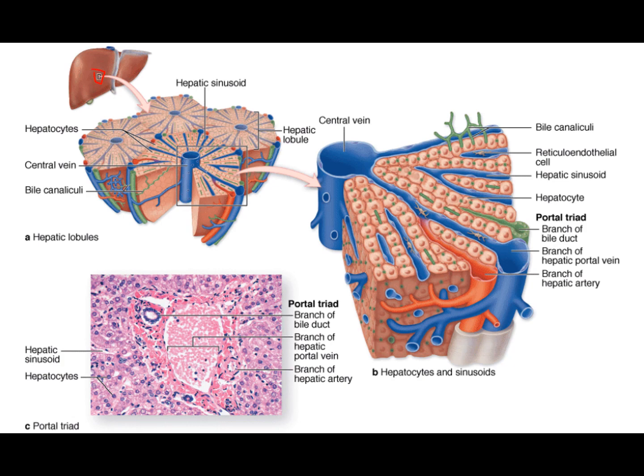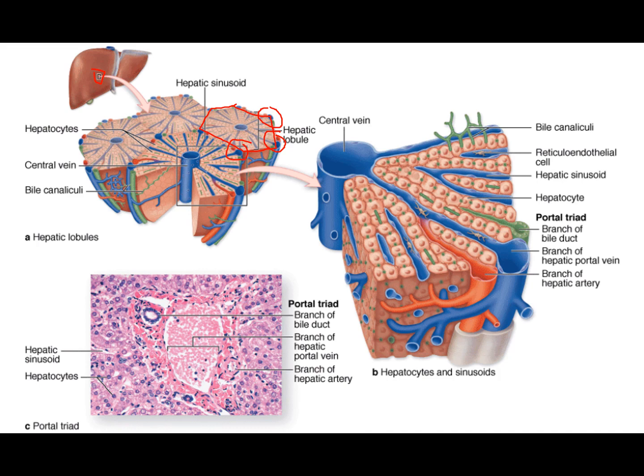So let's start with a picture first. If we blow up just a little region of the liver, the liver creates these lobules. They kind of look like a hexagon shape, right? They have a couple of sides, and on each corner of those sides, we're going to have a portal triad.